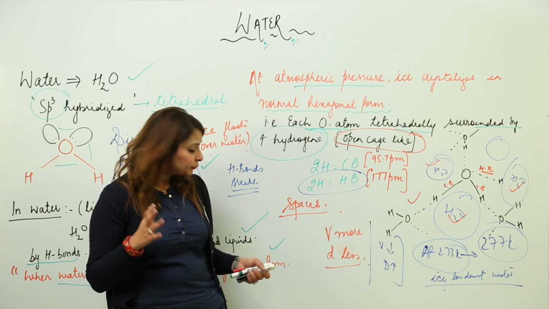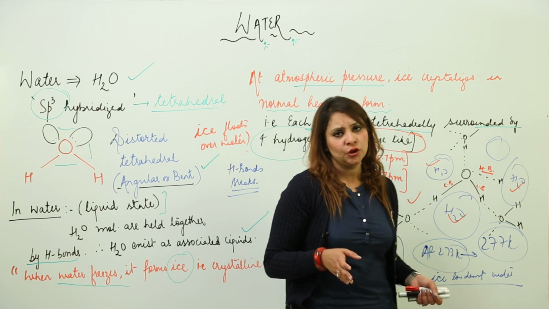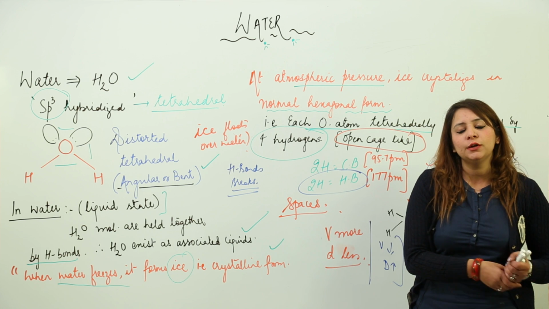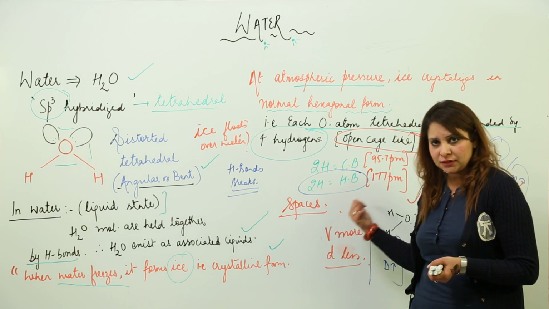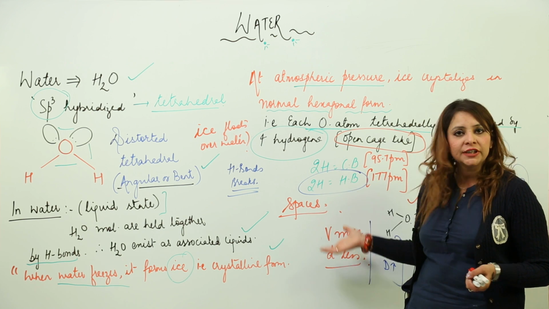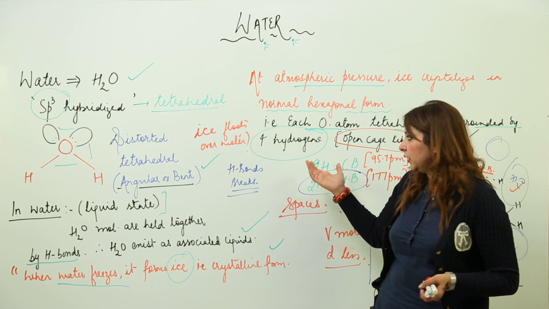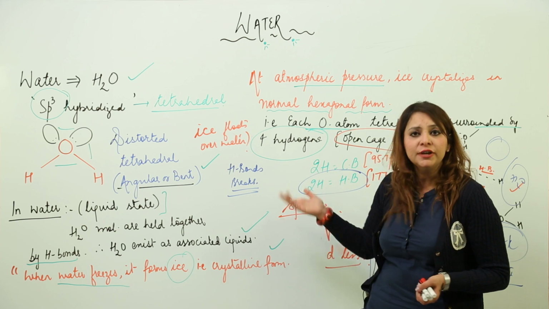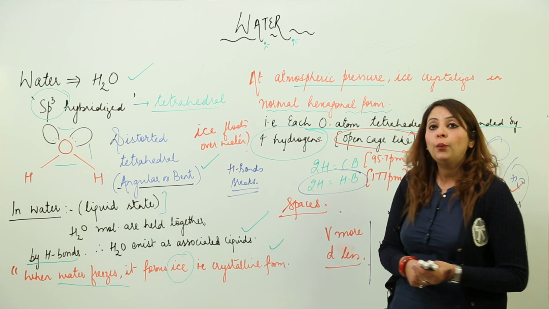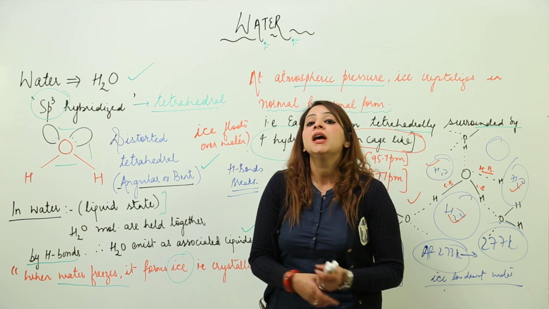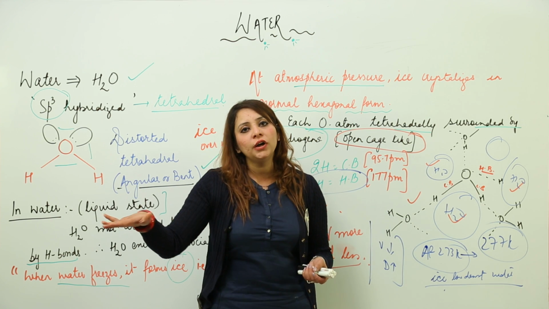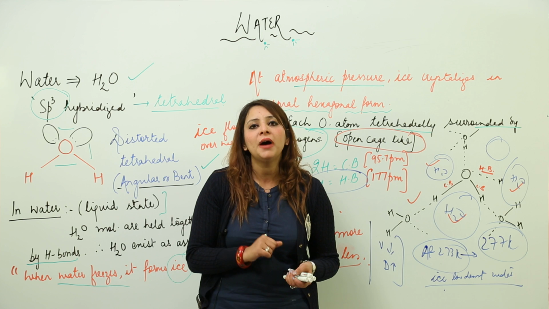And you know that this is actually of great advantage, because aquatic animals can survive due to the difference in the densities of ice and water. Whenever there is a winter season, whenever there is a chill around, what happens? The upper water layer freezes to form ice.